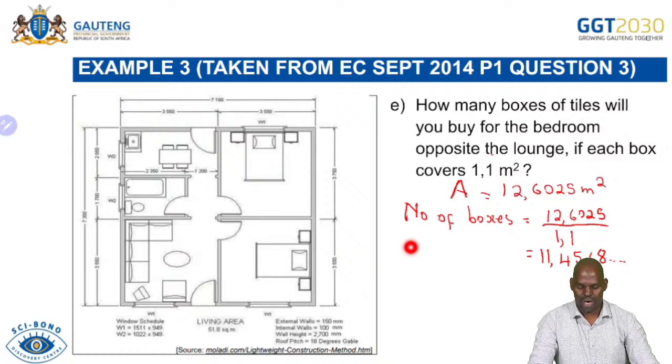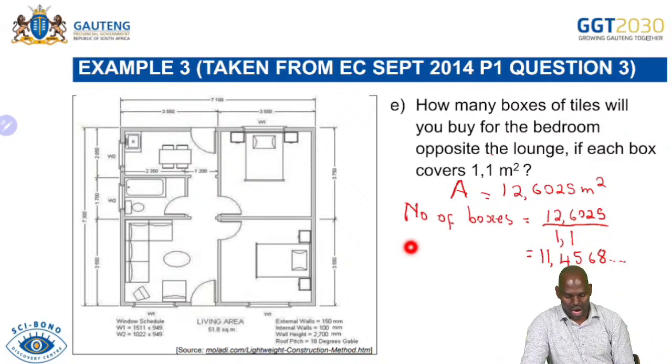Now, remember, in this context, if they ask you for the number of items, it cannot be in decimal form. So how many boxes will be needed in this case? Then we need to round it up. Remember, if you round it off, you get 11. So you are actually going to have a shortage. It's better to have more than to have less. So for this one, we'll say you're going to need about 12 boxes.